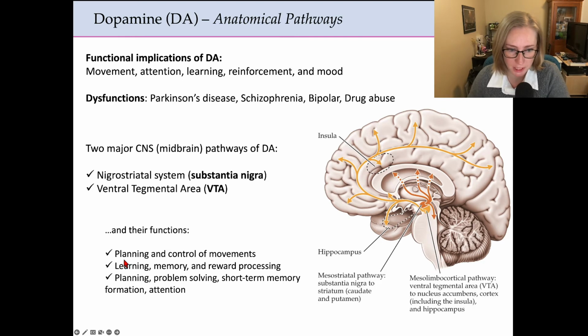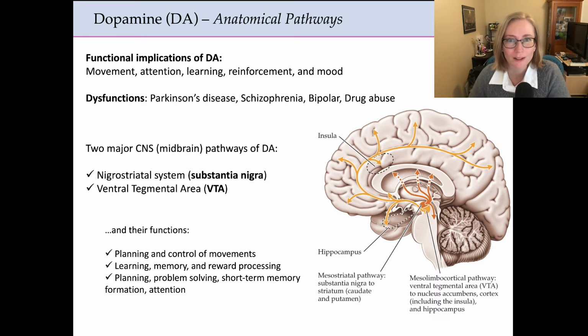So functionally, like I said, initiating movements. That involves planning movements and controlling movements. Dopamine is essential for this. Learning, memory and reward processing, right? When you're trying to figure out how something works, you get a big reward on the trial and errors that work out well. You get that "shucks" feeling when you miss it, right?